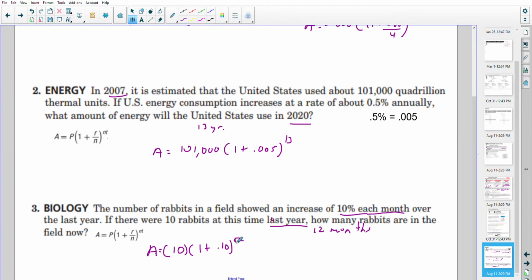And that's going to give you your final number of rabbits. Of course, you would round to the nearest whole number or round down, justify it however you want, because you're not going to have any partial rabbits. This is using the 3 compound exponential formulas and solving equations with them.